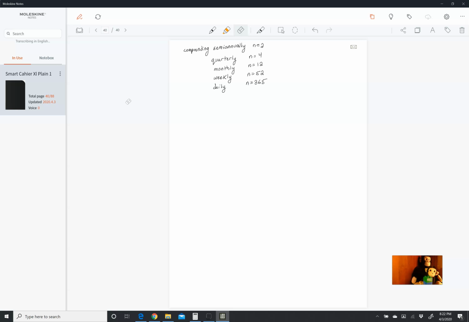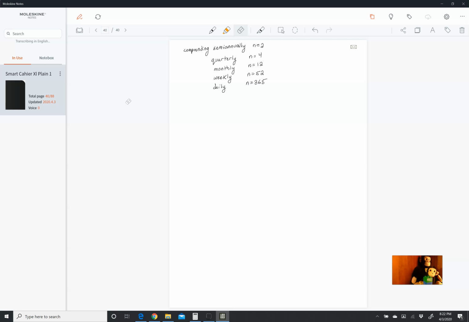Okay, so we have one more formula. And that last formula is if you compound continuously. Compounding continuously means that you're compounding an infinite number of times, which again, for the bank is good because it kind of balances everything out.